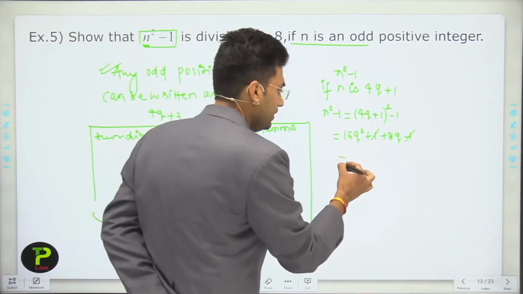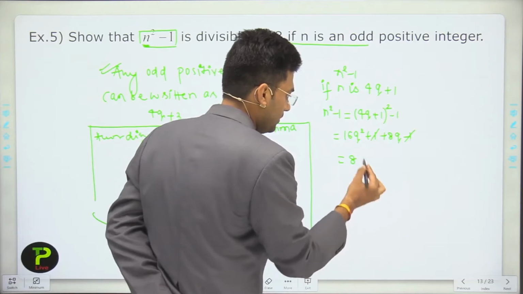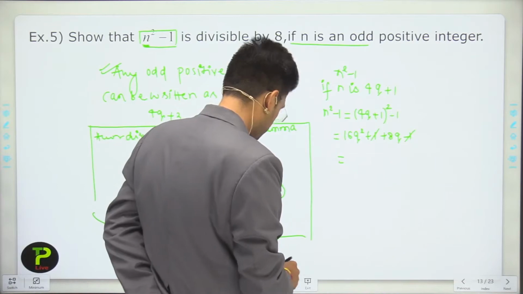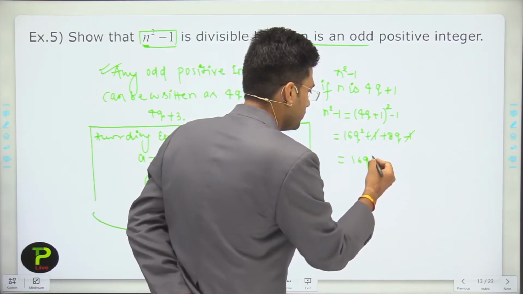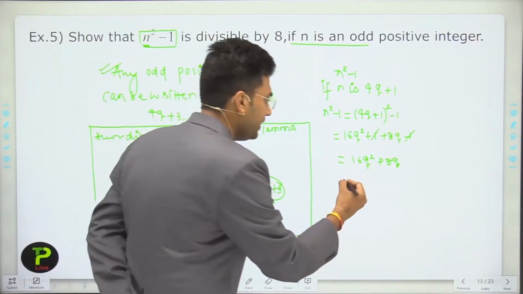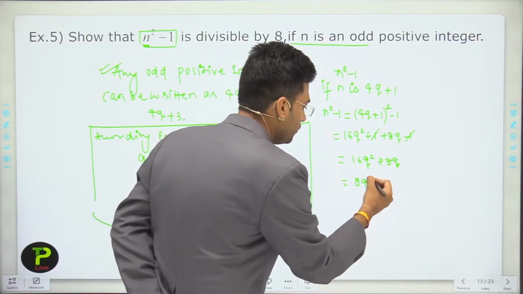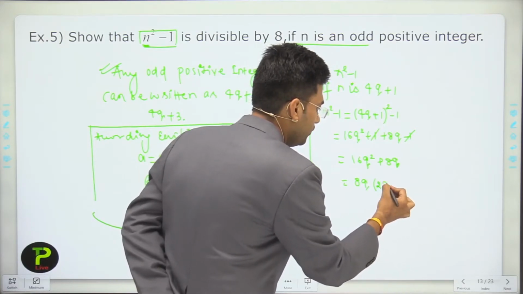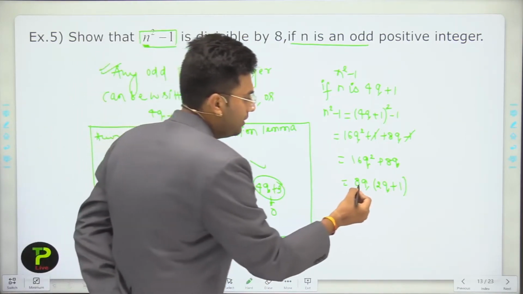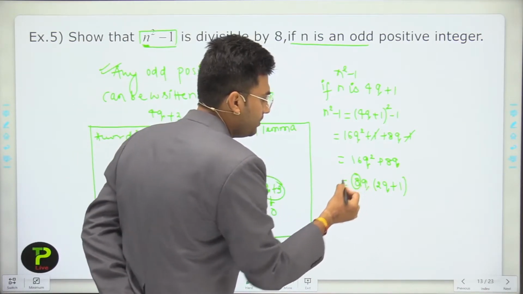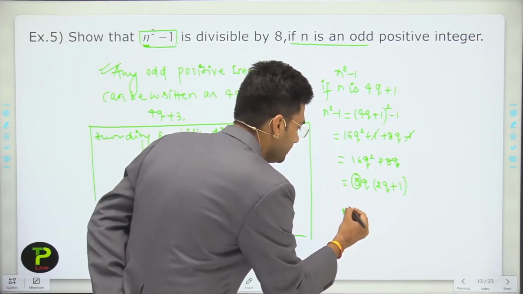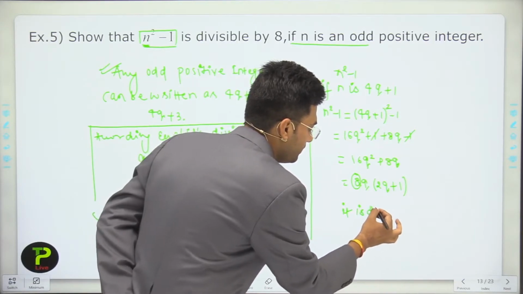We will get only 16q² plus 8q, and we can take 8q common from these two, so we get 8q times (2q plus 1). Now dear students, this number has 8 as a multiplier, so we can say that it is divisible by 8.